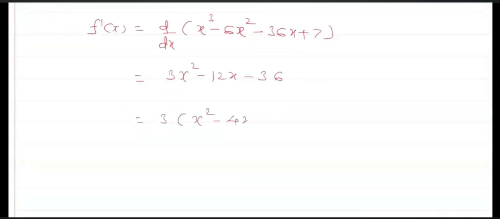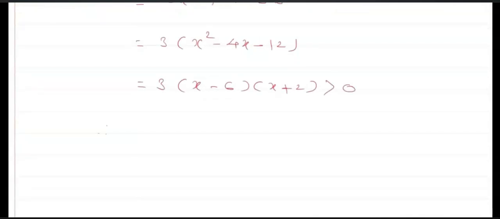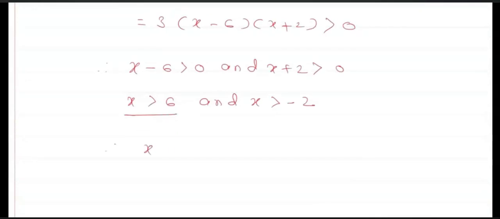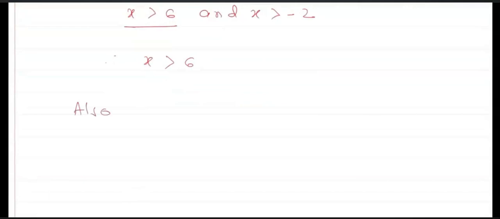The first derivative is 3x square minus 12x minus 36, 3 as common. Then in bracket x square minus 4x minus 12, and it factors. x minus 6 is greater than 0 and x plus 2 is greater than 0. x is greater than 6 or x is greater than minus 2, and that is x greater than 6.